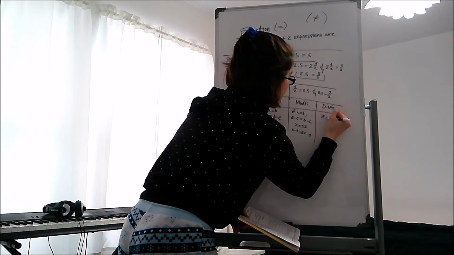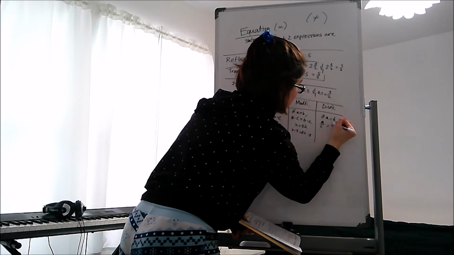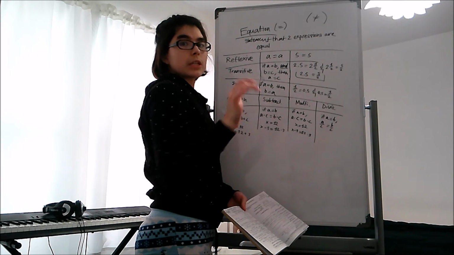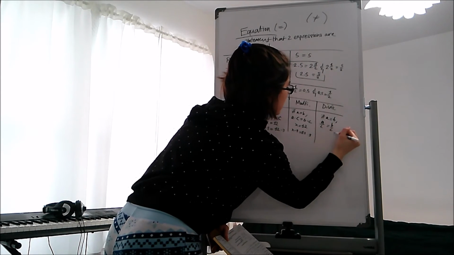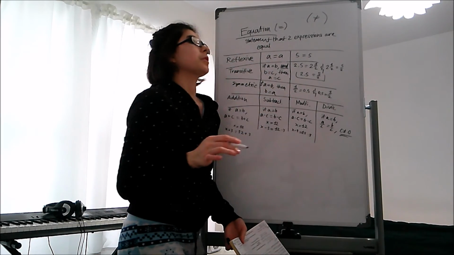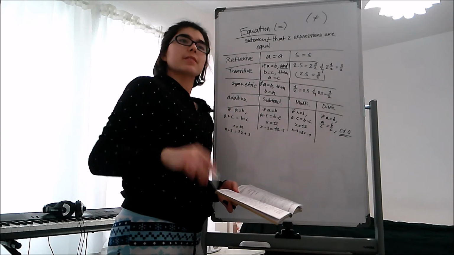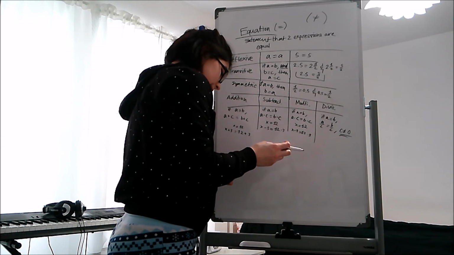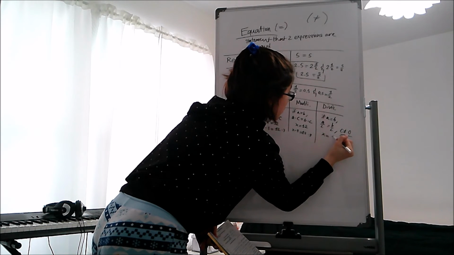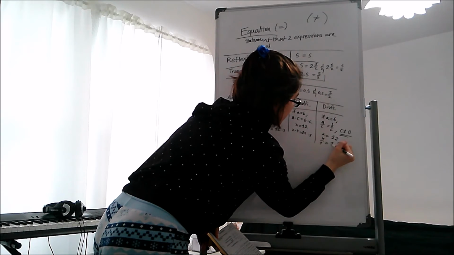If A equals B, then A divided by C equals B divided by C. The only thing you need to make sure of is that C does not equal 0, because again, you cannot divide by 0. It's undefined. You try dividing by 0, a calculator is going to tell you it is undefined. So like if X equals 12, X divided by 3 equals 12 divided by 3.